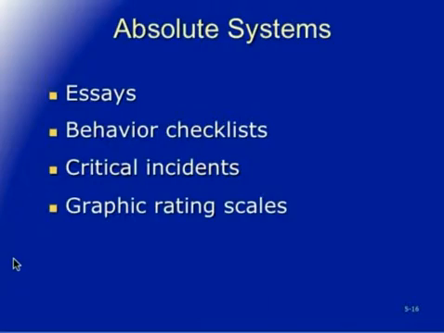These are a bit more qualitative in nature. Okay, not so much though. I mean, something like a behavior checklist, you're simply checking behaviors off of a predetermined list. Critical incidents, you're just looking for specific behaviors that lead to success or lead to failure. Predetermined behaviors that lead to success or lead to failure. These critical behaviors.